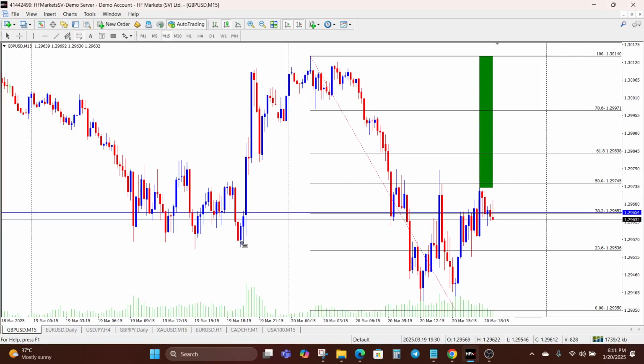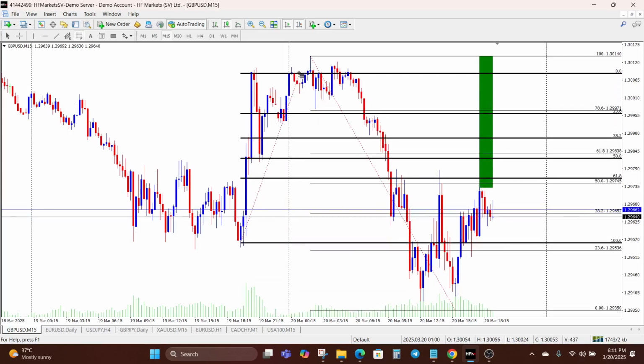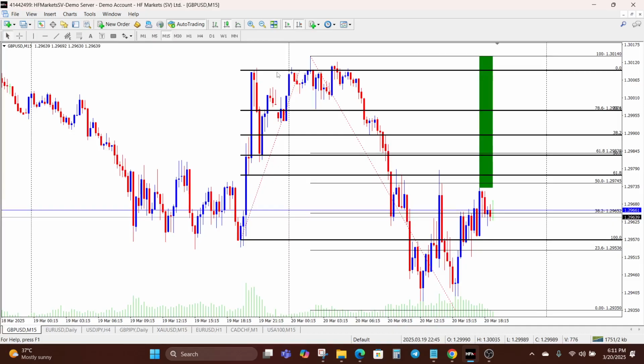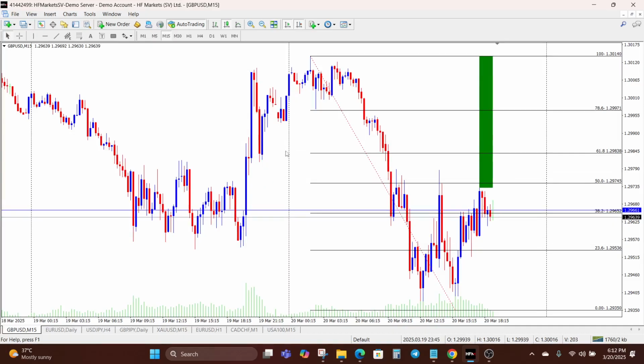This is the Fibonacci retracement. You have to manually select your high and your low, and then drag it to plot the levels. But the Auto Fibonacci does that automatically.